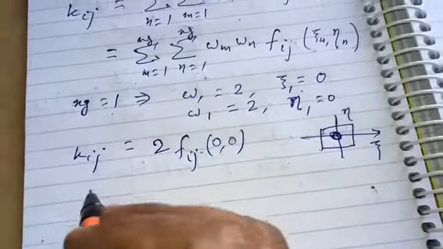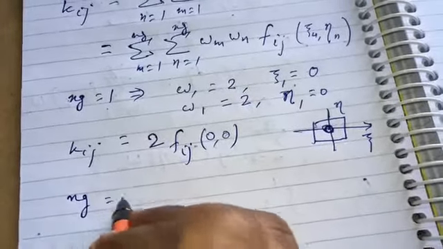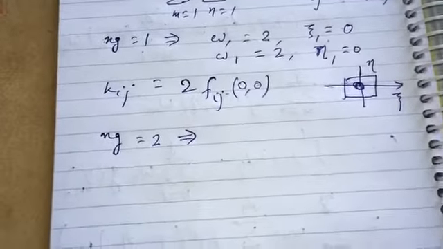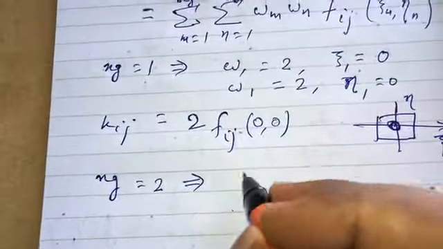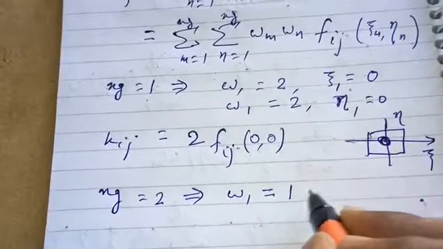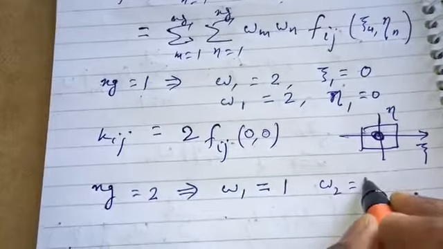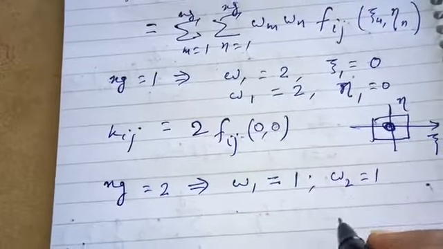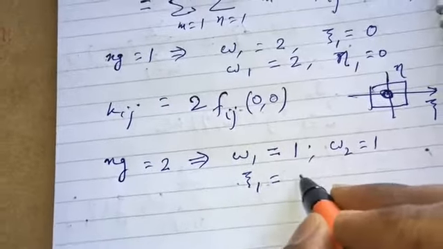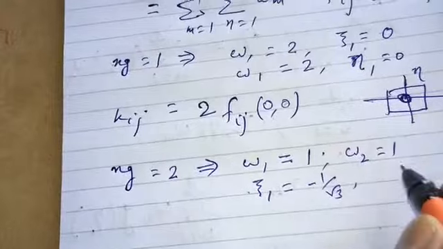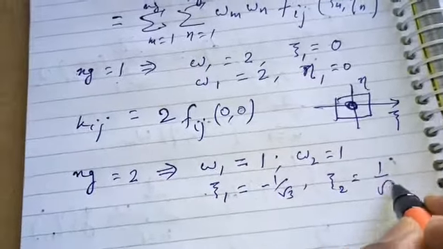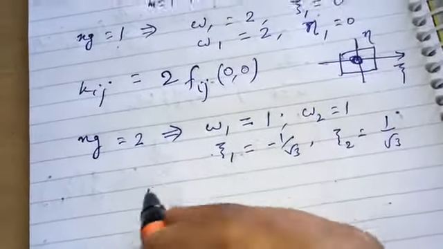Now, if n_g equal to 2, then say in the xi direction, we will have w_1 equal to 1 and w_2 is also equal to 1, and we will have xi_1 equal to minus 1 over root 3 and xi_2 equal to plus 1 over root 3, and the same thing is repeated for the eta direction as well.